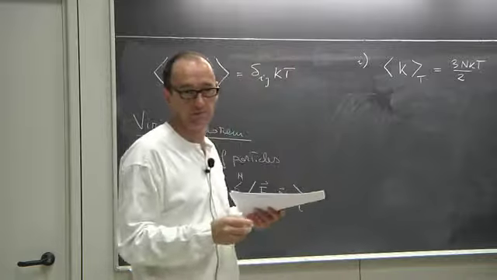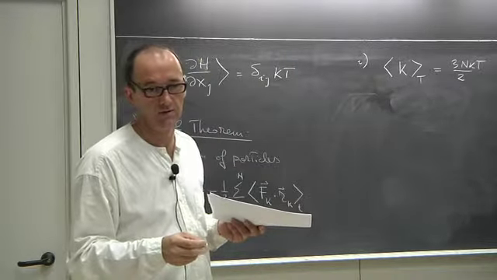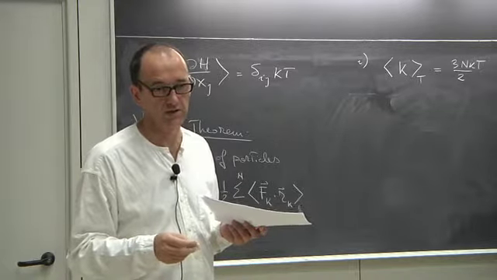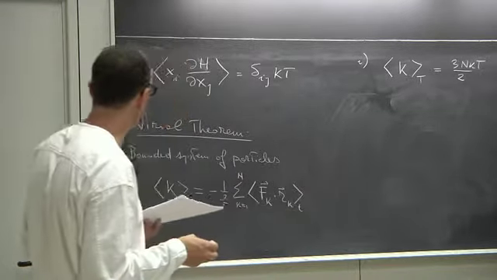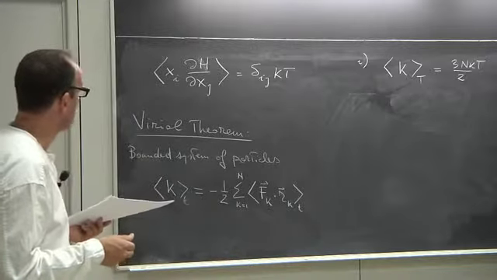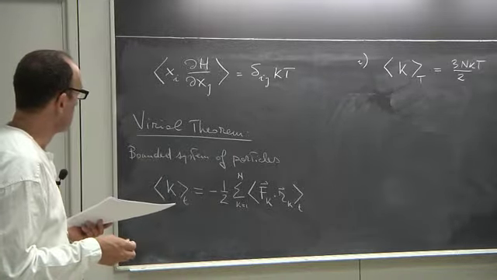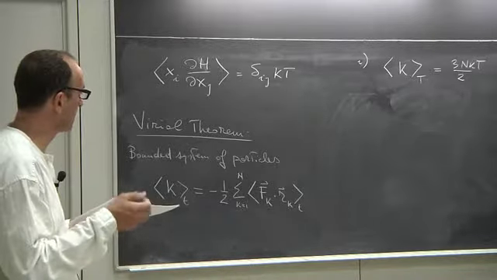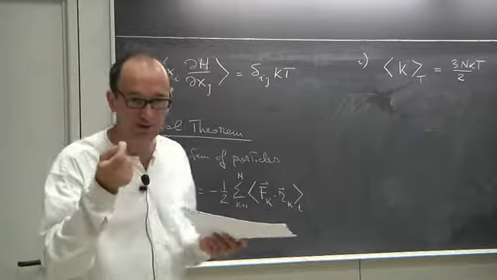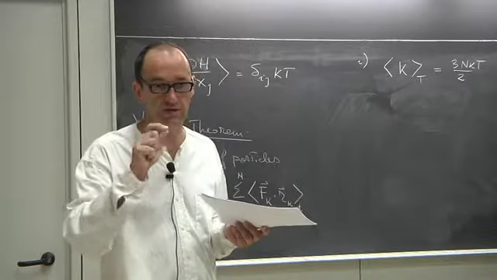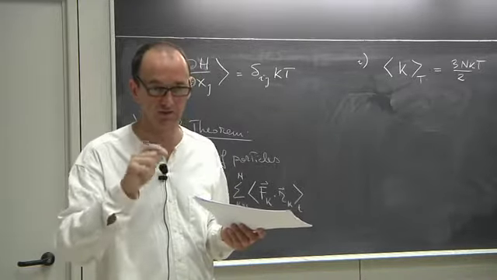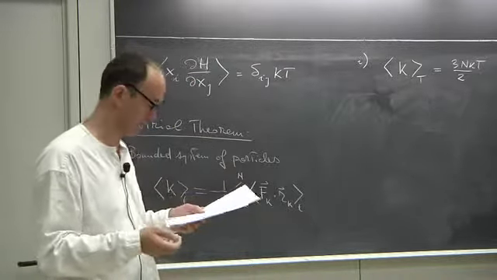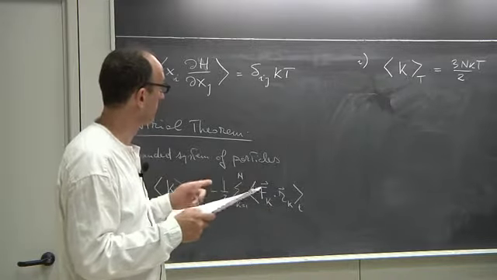But we are not including the rotational and vibrational degrees of freedom, right? No, we are not including them. We are considering point particles, so they have no internal degrees of freedom. I think we'll discuss that at some point.